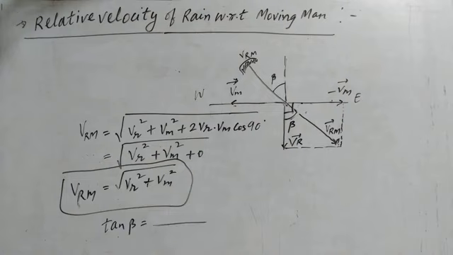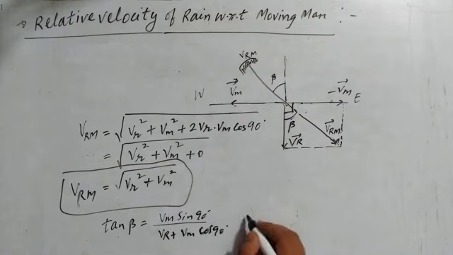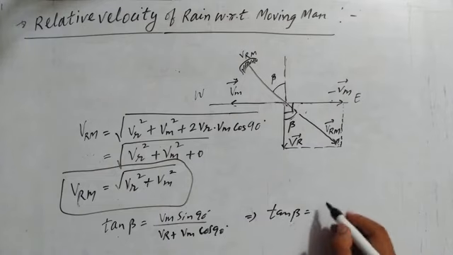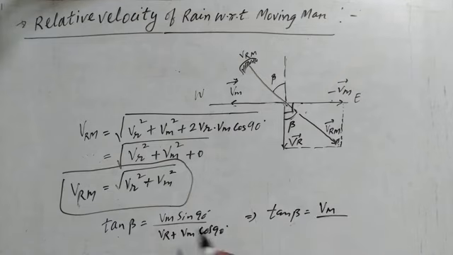So here b will become Vm, and a is Vr. So tangent beta equals Vm sine of the angle upon Vr plus Vm cos of the angle. For 90 degrees, sin 90 equals 1 and cos 90 is 0, so tangent beta equals Vm upon Vr.